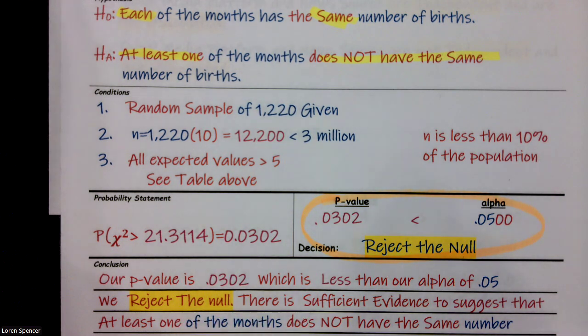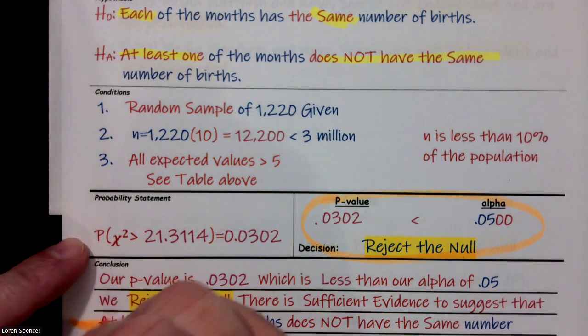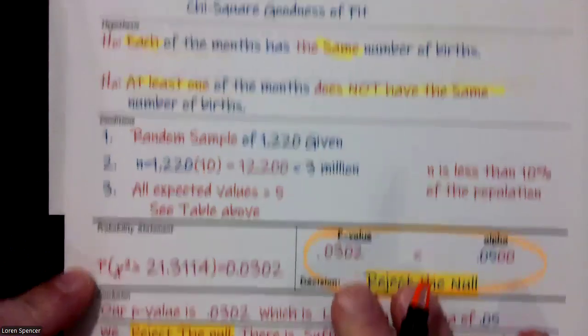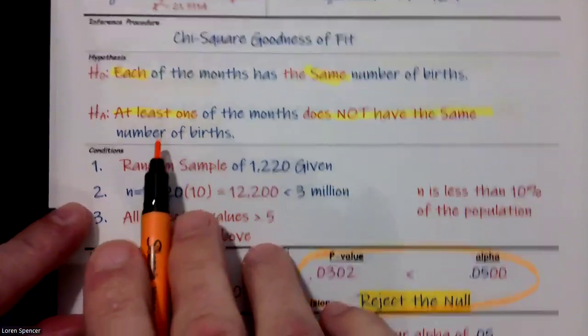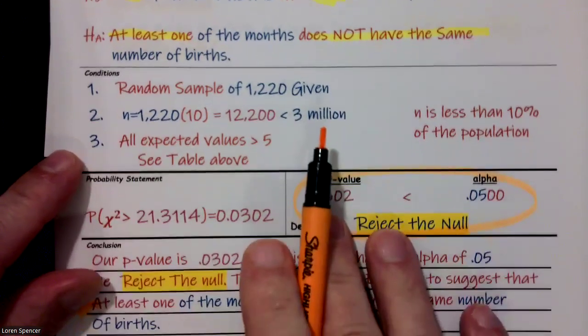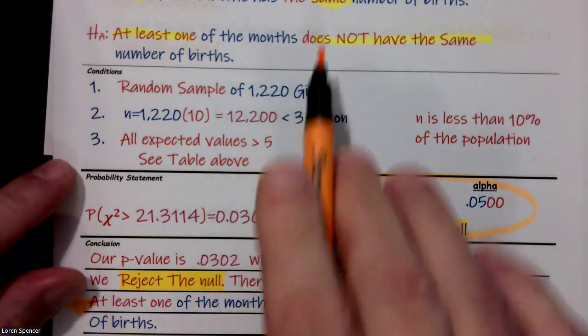There is sufficient evidence to suggest that at least one of the months does not have the same number of births. Please remember, this part right here always comes from the alternative hypothesis. And our alternative hypothesis was at least one of the months does not have the same number of births. They're exactly the same thing.